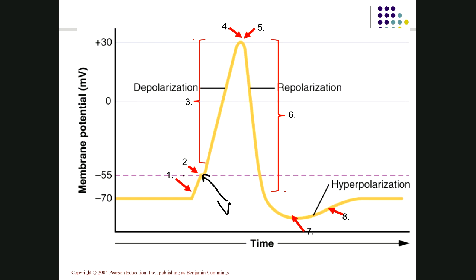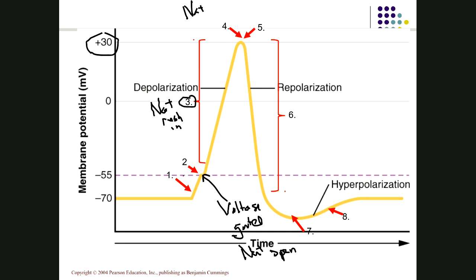But if it does reach threshold, right here is where those voltage-gated sodium channels are going to open, and sodium is going to rush in. The channels are going to stay open until the voltage reaches plus 30. And then those voltage-gated sodium channels are going to close, and the voltage-gated potassium channels are going to open.